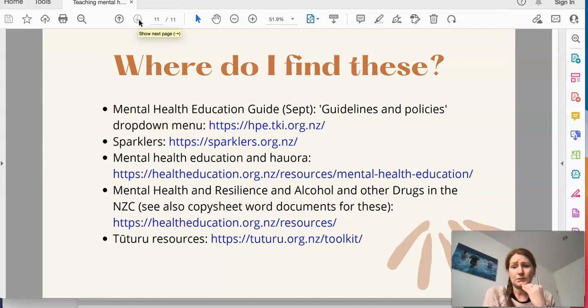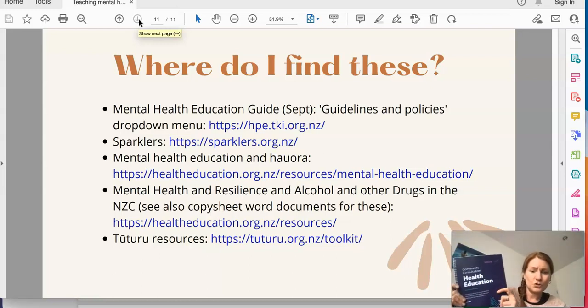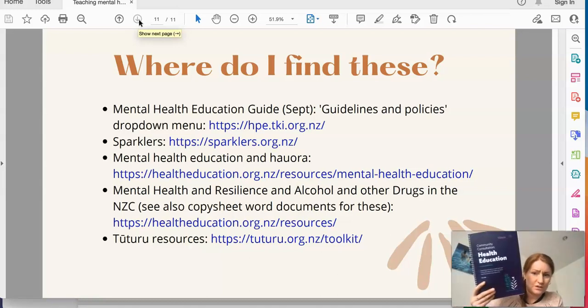That was designed for both primary and secondary school audiences. And the Tutudu resources can be found on the Tutudu website, and there's the toolkit link there. Not quite sure if that one is 100% up to date, but I think you'll find it will take you there. The other way to get to the health consultation stuff, I think, is tutudu.org.nz/health consultation, which will take you straight to this page as well.